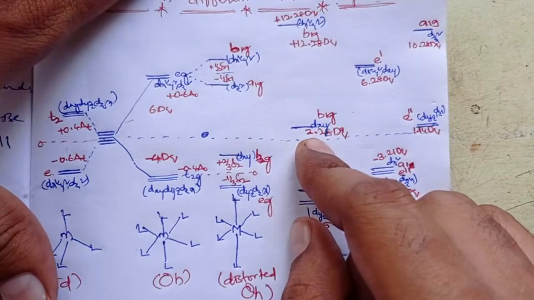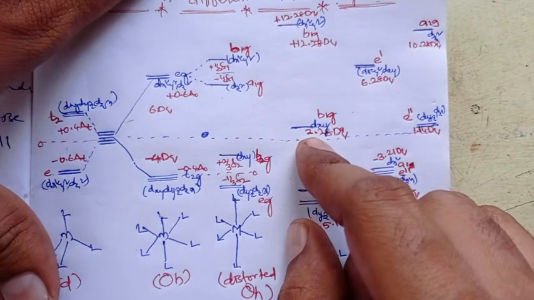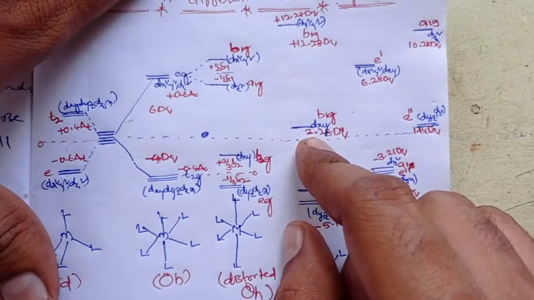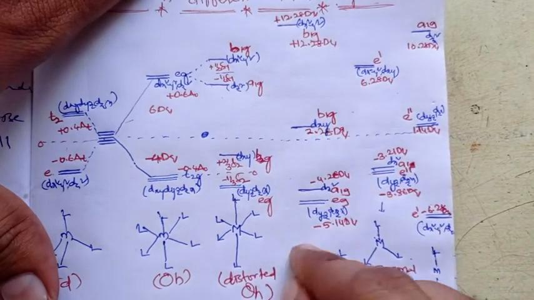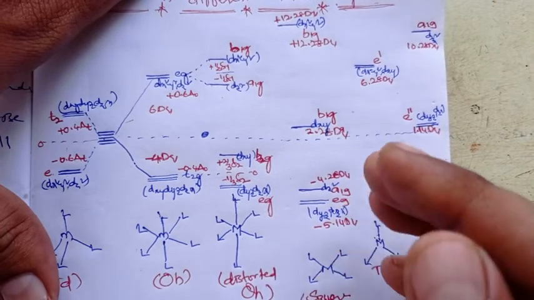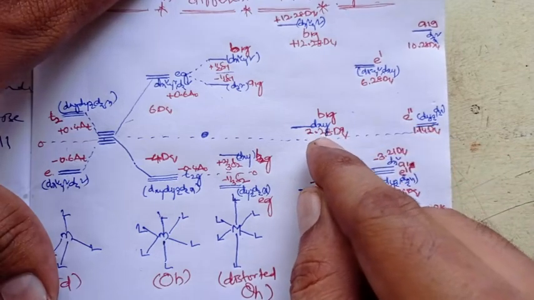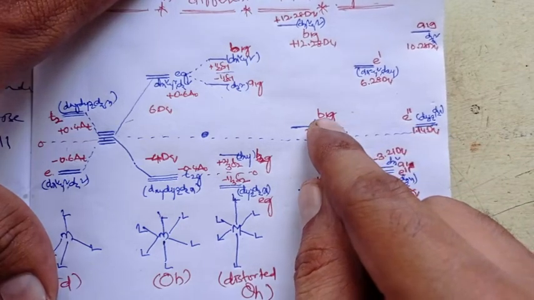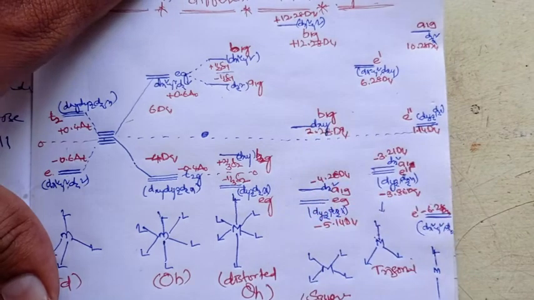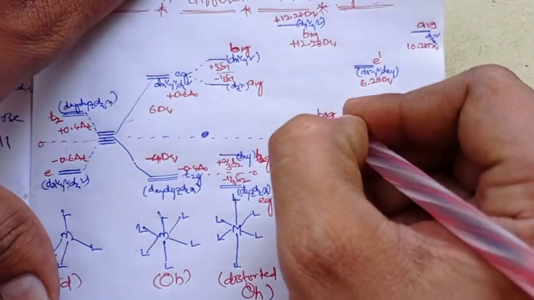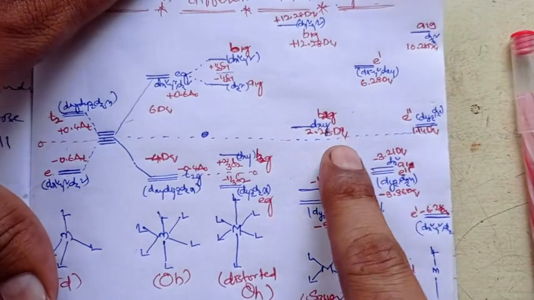Next, the dxy orbital also has partial sidewise interactions with all four ligands in square planar complexes, gets slightly excited, and reaches the 2.28 Dq energy state, generating the B2g energy state.